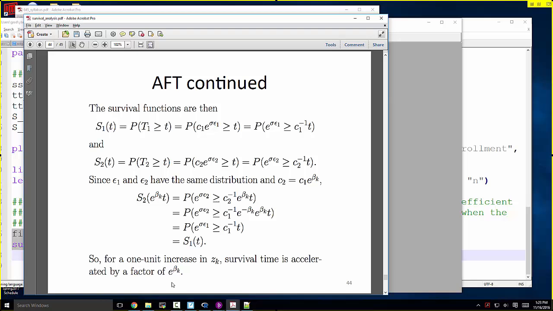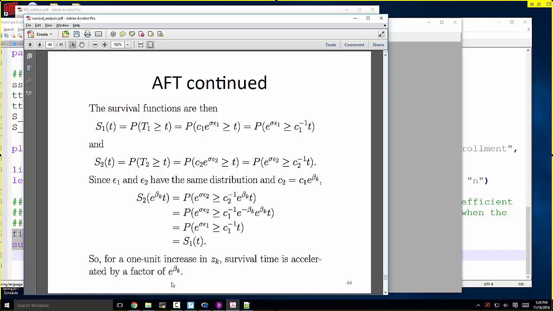The bigger beta k is, the worse off you are. If I'm accelerating the failure time survival curve by a bigger and bigger positive amount, then your prognosis is worse and worse and worse. So just like in all the regression models we've seen, extreme beta k's, or big positive beta k's, correspond to, in this case at least, decreasing prognosis.